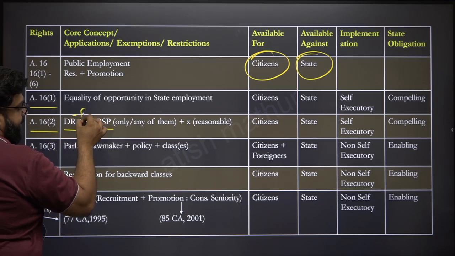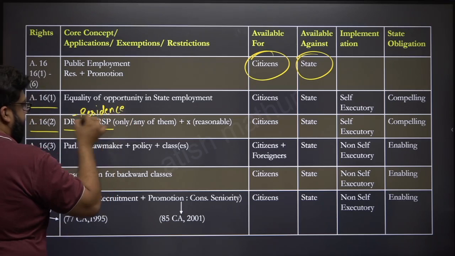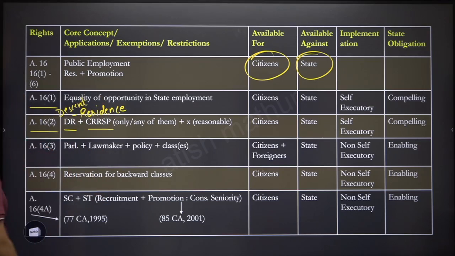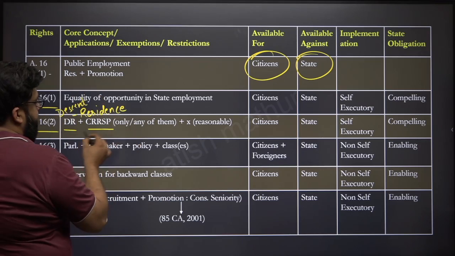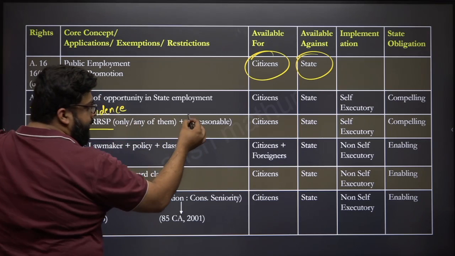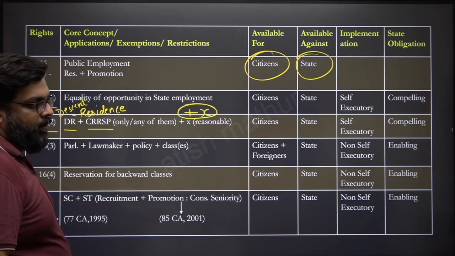So this is residence here and this is descent. So these are the two additional discrimination grounds that have been added, and the principles remain the same. You can't discriminate on any of them or a combination of any of them, but if you need to do something else, then it is all right.